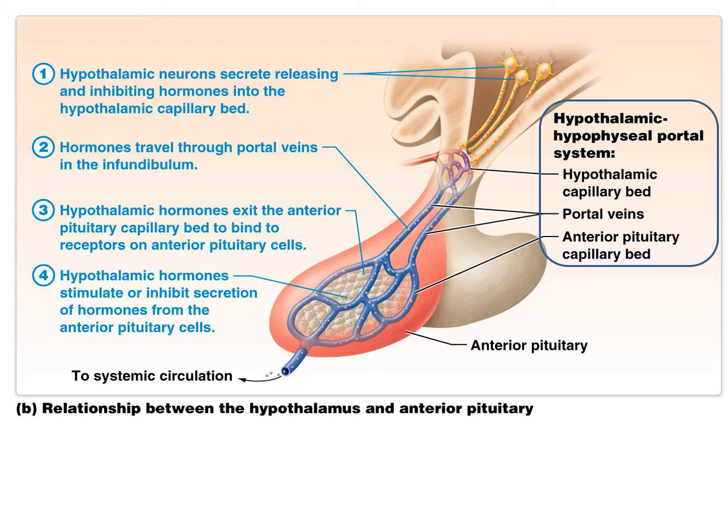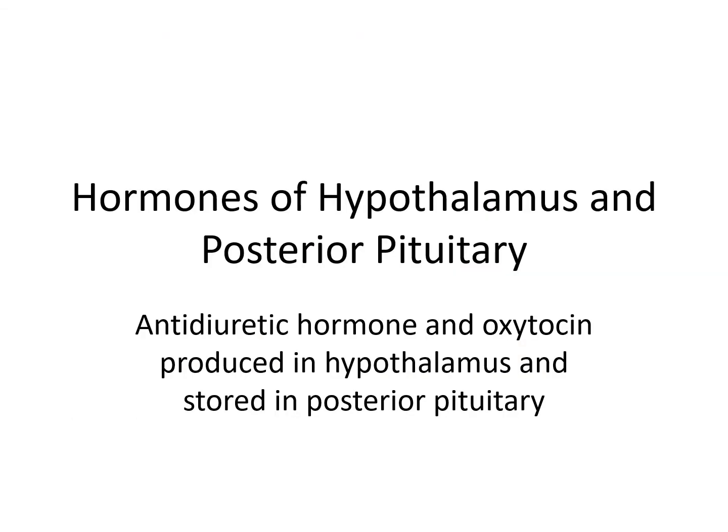So here's a brief picture showing this. Here are the hypothalamic neurons, and when they secrete hormones, they have no choice but to go through the hypothalamic-hypophyseal portal system directly to the pituitary to have their effects there. And then, of course, the pituitary gland will respond by secreting its own hormones.